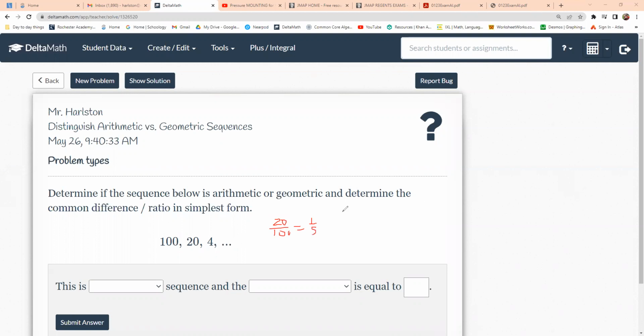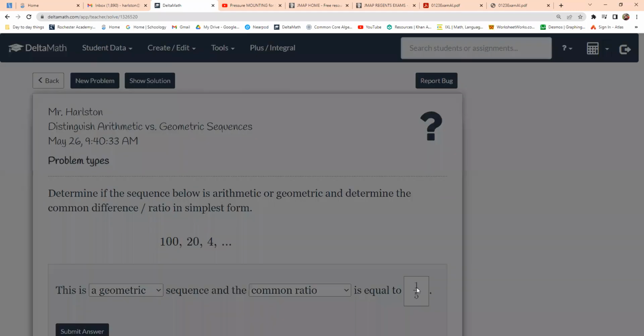Okay, and then you can do the other one. 4 divided by 20 is also 1/5. So I can clear this now. We know this is a geometric sequence. It's exponential, and the common ratio is equal to 1 divided by 5.